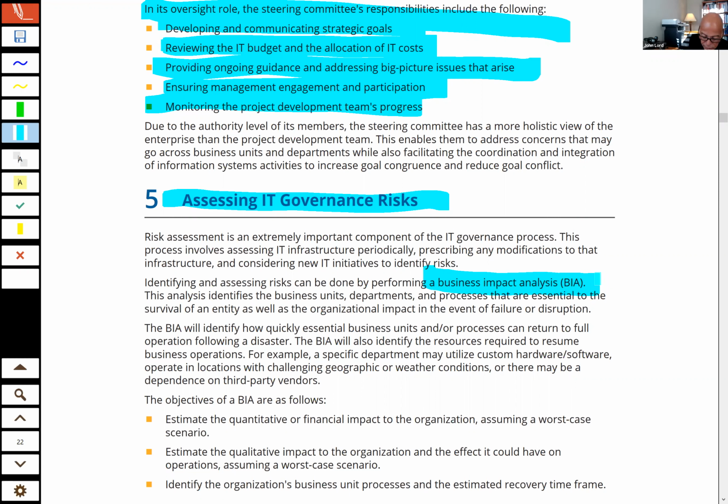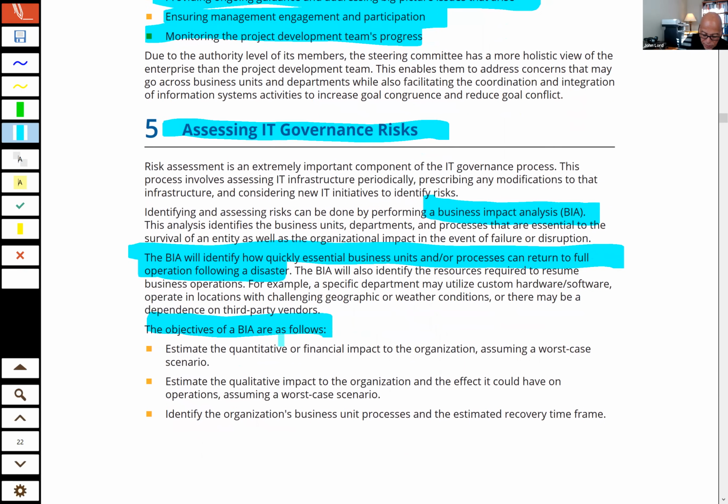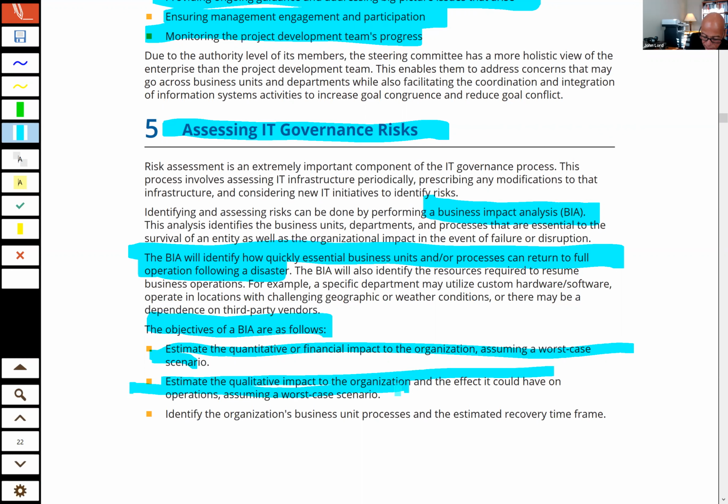So the objectives of a BIA are as follows. The BIA will identify how quickly essential business units can return to full operation following a disaster. And so we have different objectives here. Estimate the quantitative or financial impact for the organization in a worst case scenario. Estimate the qualitative impact to the organization in a worst case.